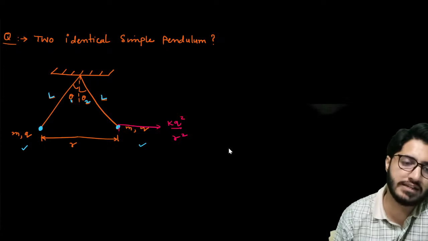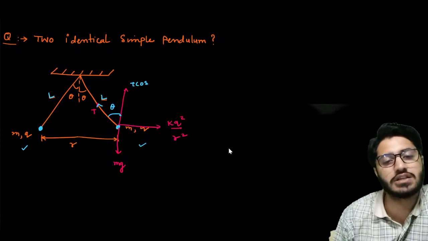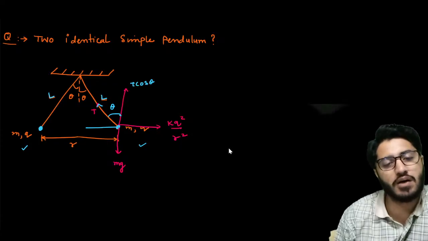Look, it has mass, so the weight would be mg downwards. This is the string, which will have some tension T. These will be the same theta, because same charge, same mass. So if this is theta, this will also be theta. This is T cos theta and this is T sin theta.